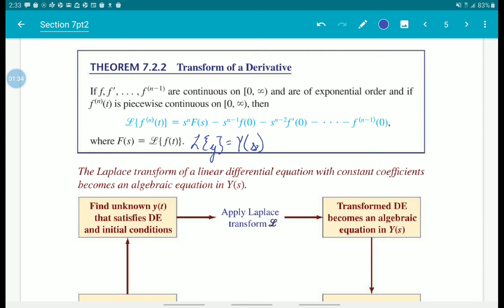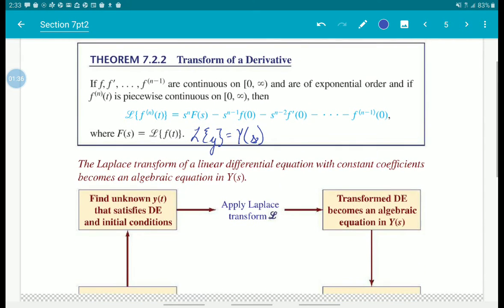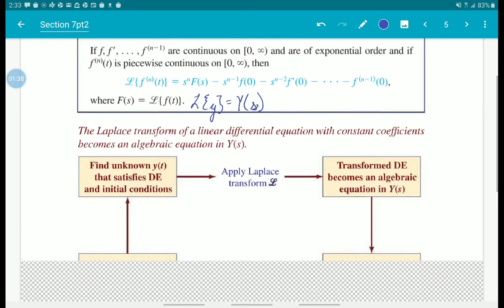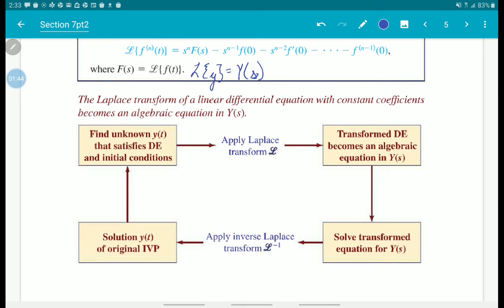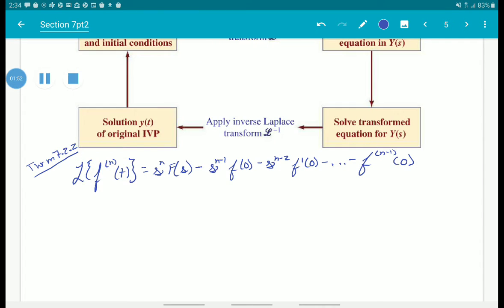If we want to take the Laplace of y prime using this definition, I'm going to recopy that down below so I have more room to write. So here's our theorem recopied. We said the Laplace of y is some function Y of s.